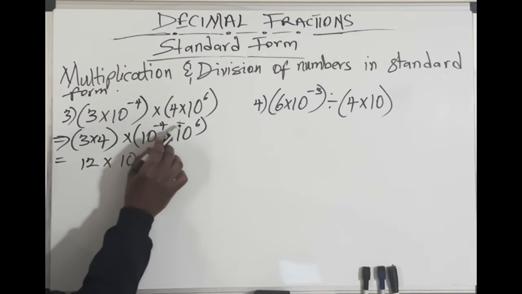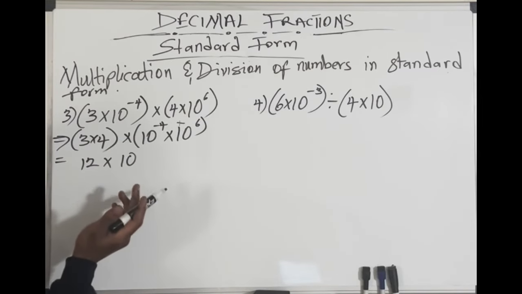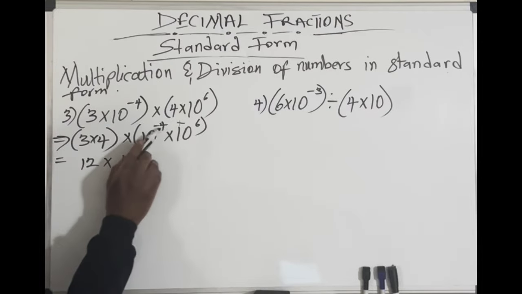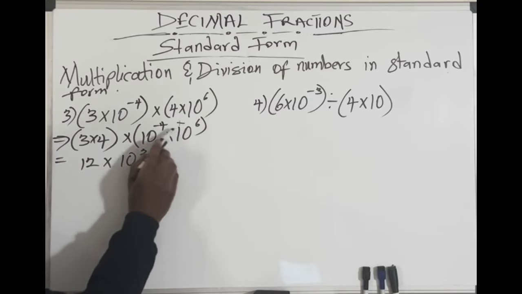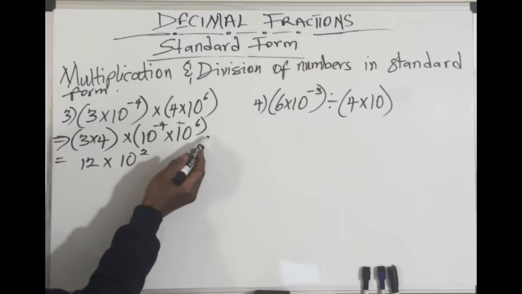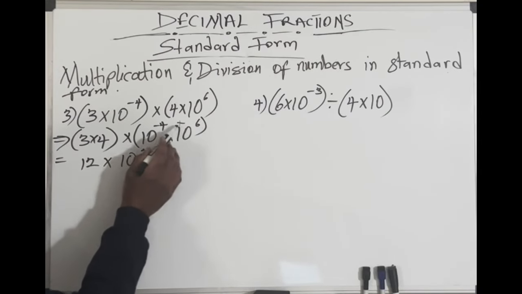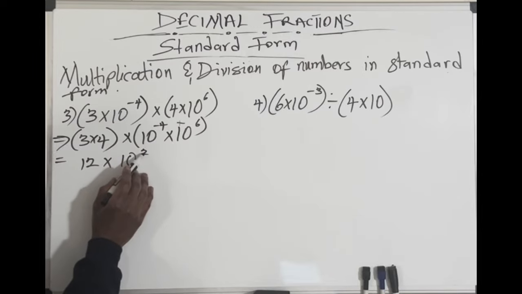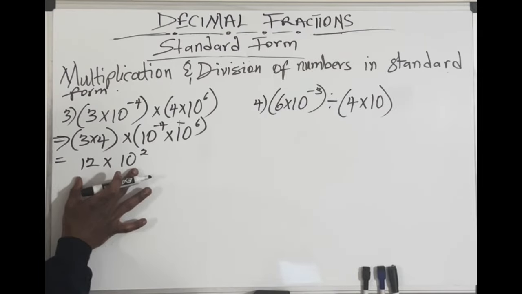So minus 4 plus 6, we have to subtract because remember indices, different signs. So we get 2. Then what number has the sign? So 6 has the positive sign, so we maintain it, okay? All right. That's not the final answer.